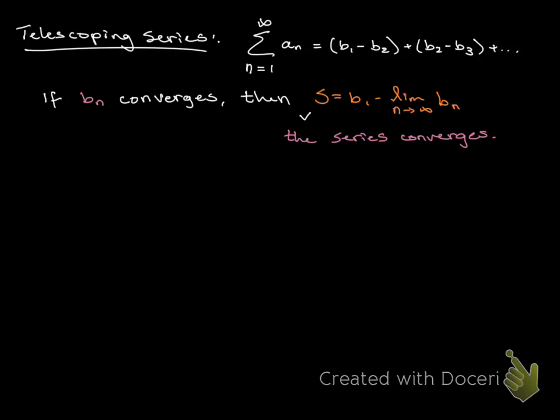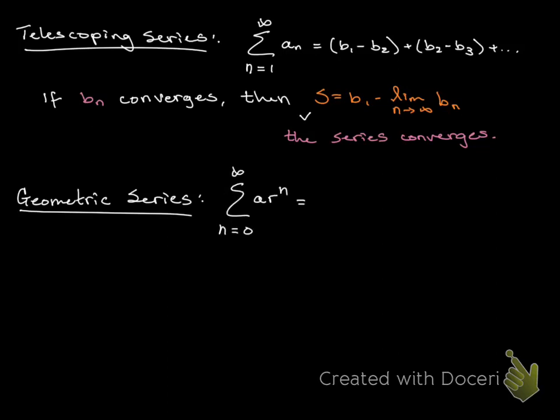Also, geometric series. I know geometric series converges based on the common ratio of a times r to the n. I notice that each term here has an increasing power of r. This guy converges when that r in absolute value is less than 1.